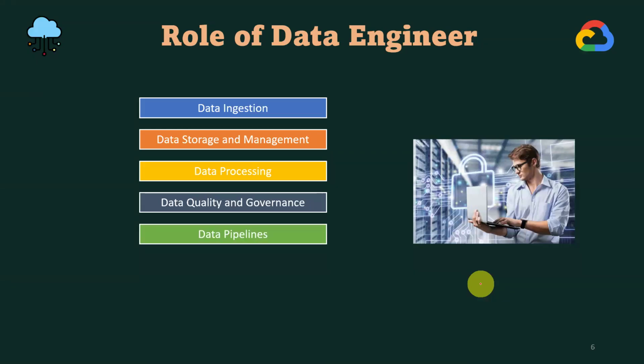And we have to create data pipelines which automatically integrate multiple systems, so that they run in an automated fashion as soon as the data is received at the data sources. And one of the important aspects for data engineers is data optimization or performance optimization.